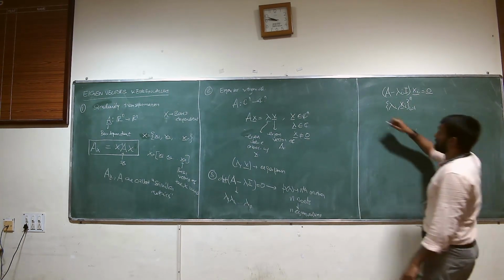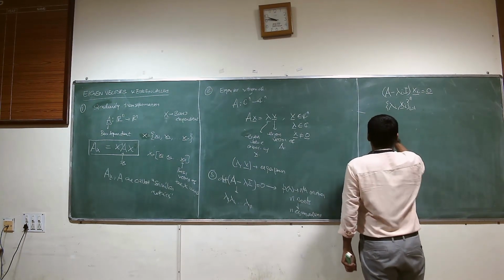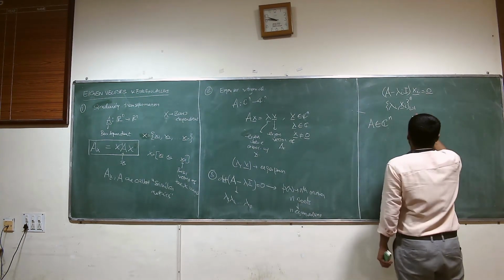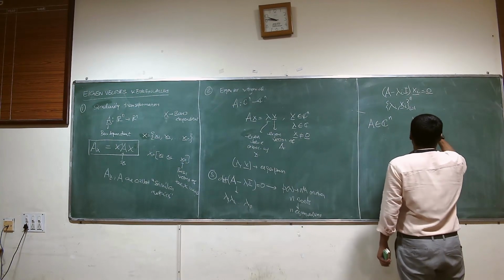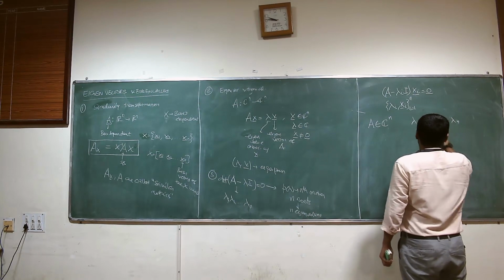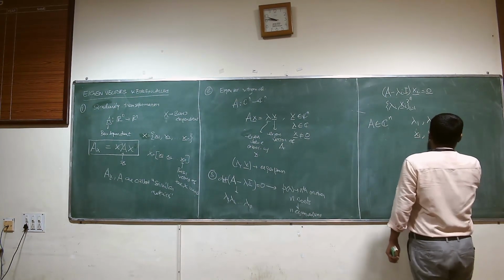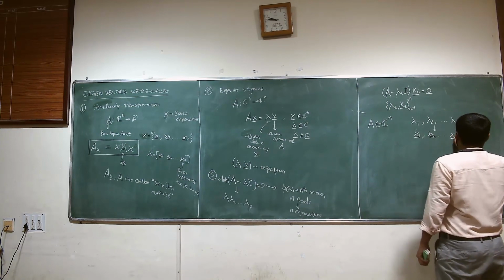This is where we stop. That means if you have a matrix A in C^(n x n), then there are n eigenvalues, and there are n corresponding eigenvectors.